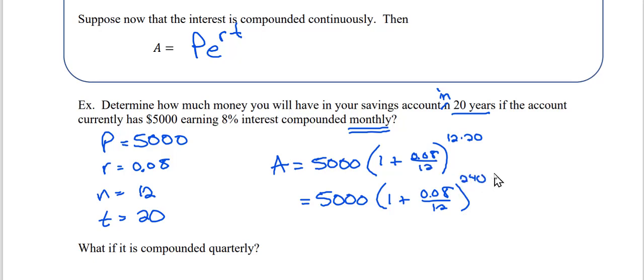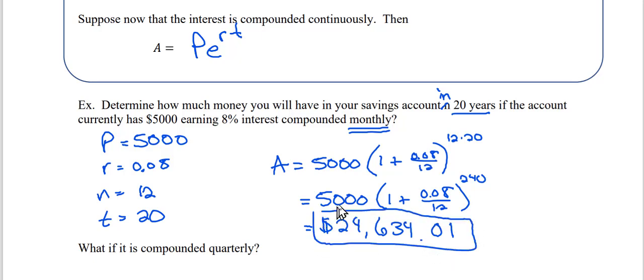I'm going to raise what I just found to the 240th power, then multiply by 5,000. And it gives me $24,634.01. That is how we use that formula.